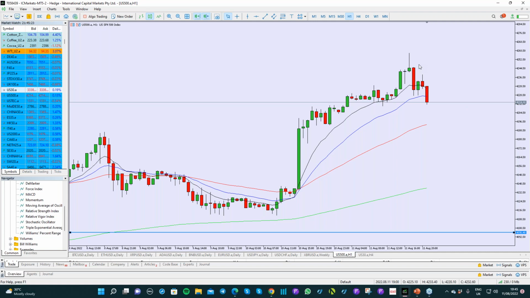On the weekly and daily time frames, the bulls are in charge. So I'm looking for long setups. And right now on the hourly time frame, it looks like the bears are in charge for the moment.